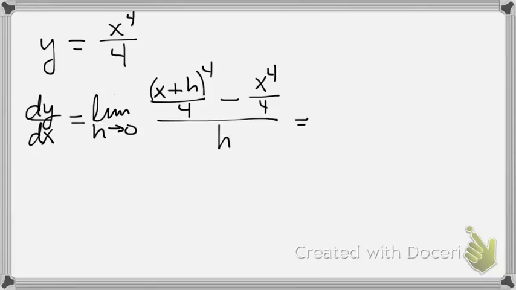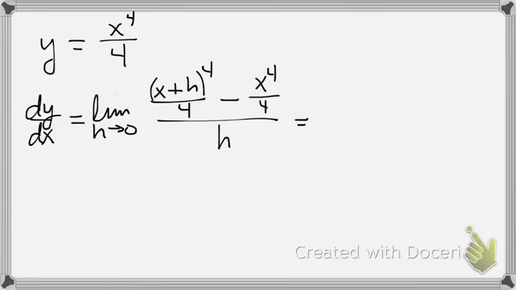So, do we like the complex fraction? No. Two ways that you can deal with it. One way is to use the LCD. That's fine. Another way is you can pull the fourth out front because you can factor it out and coefficients come along for the ride with limits. So what do you want to do?